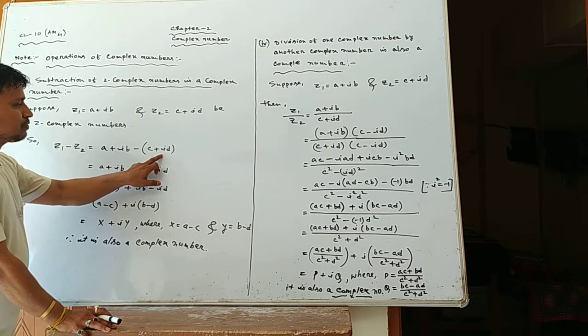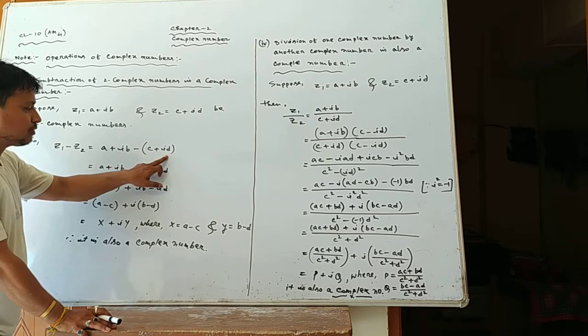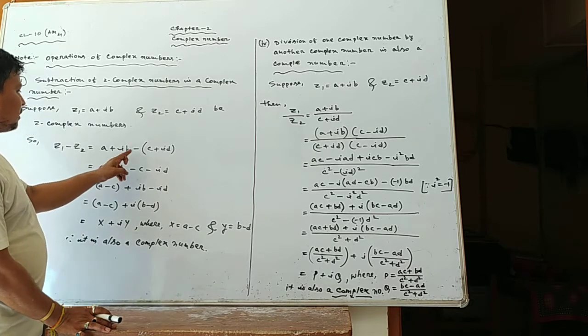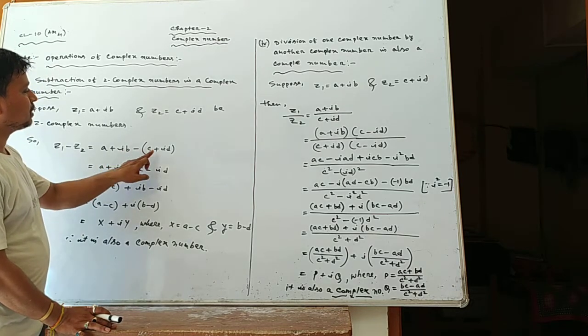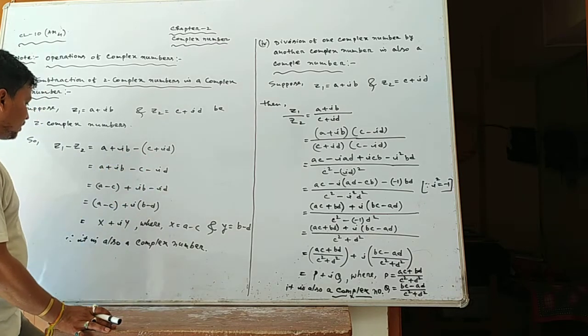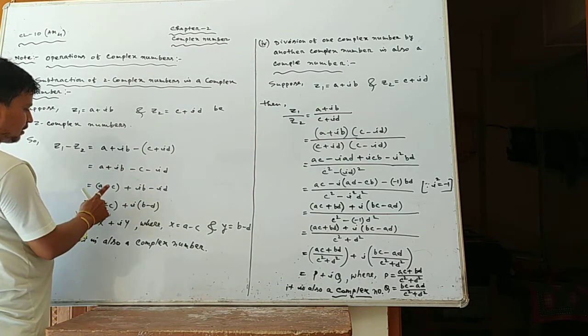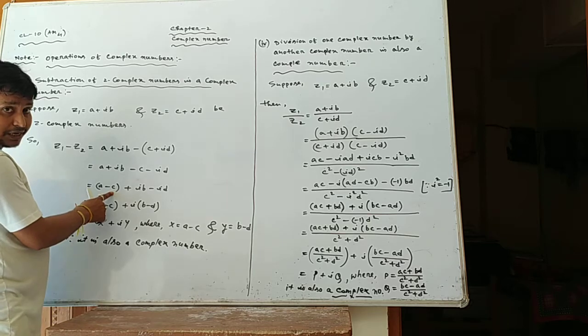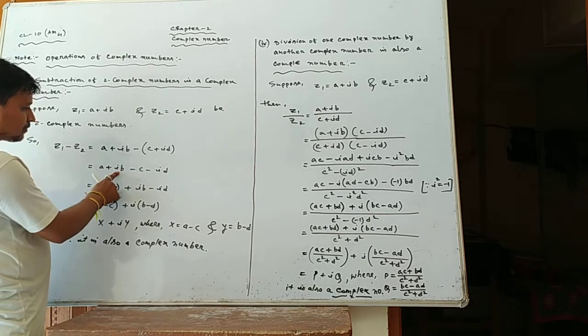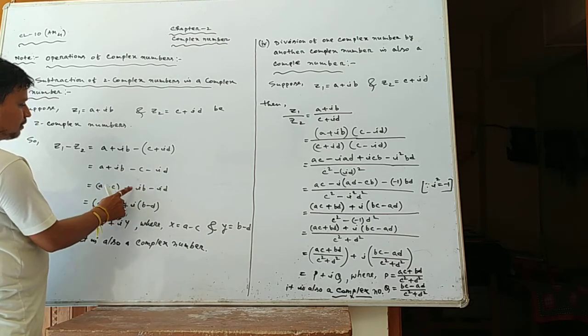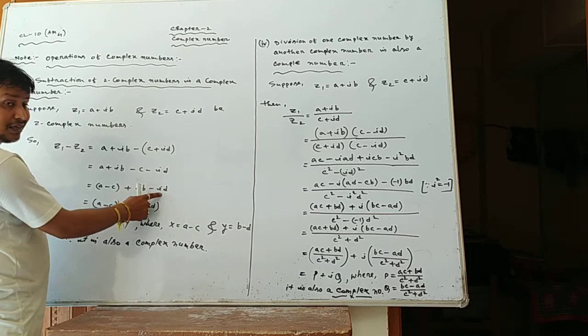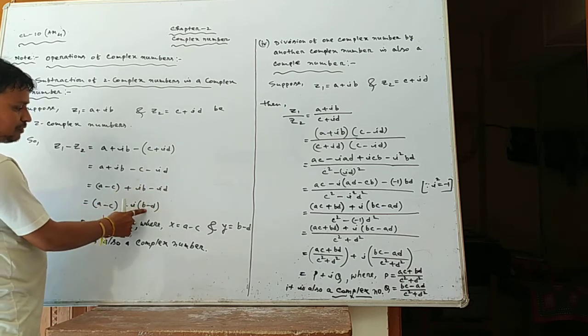After the minus, the complex number is written inside the bracket because the sign will be changed. Then A minus C is the real part, written inside one bracket. The imaginary part is also written serially. After that I take common, B minus D.